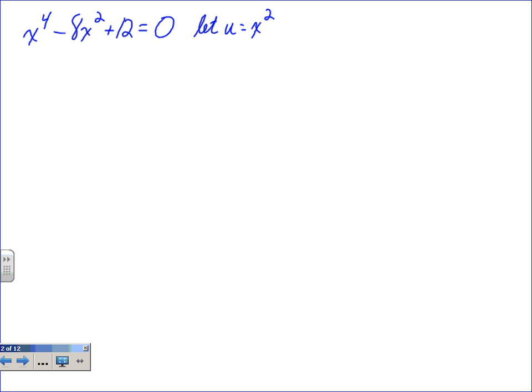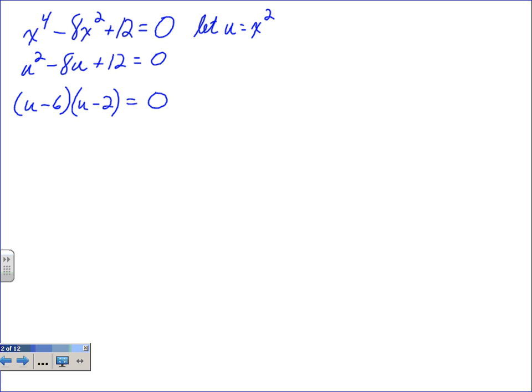Some students really like this. So then the middle term here becomes 8u, because u is equal to x squared. The first term then becomes u squared, and then plus 12. And you see why we did that, because now it looks like a quadratic function. And I can factor it into u minus 6, u minus 2.